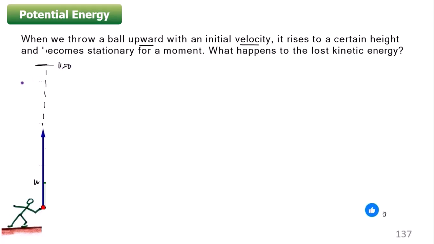Now the final velocity becomes zero. After that, the particle comes back down. Once the particle is momentarily at rest, can I say the kinetic energy of the particle becomes zero? Initially, whenever I am throwing the ball, the kinetic energy is equal to half m u square.